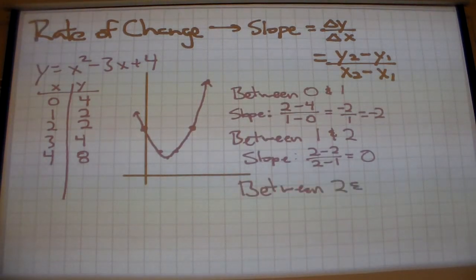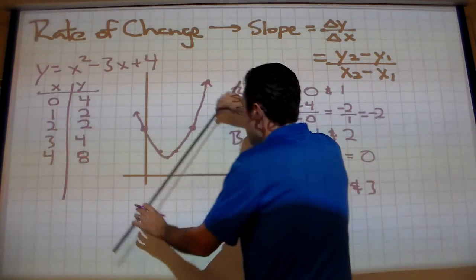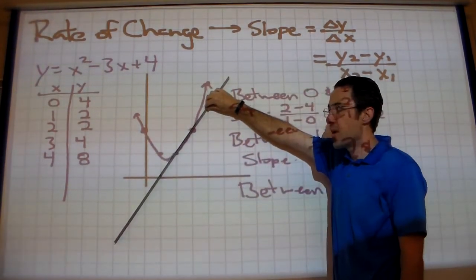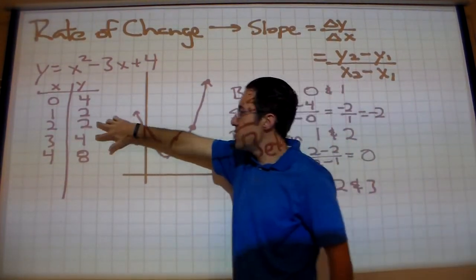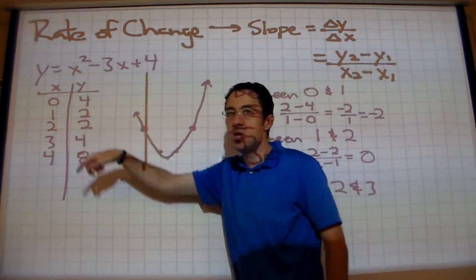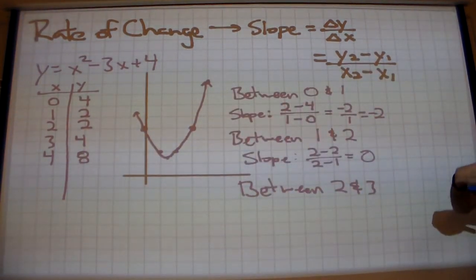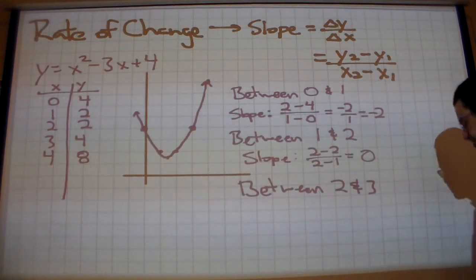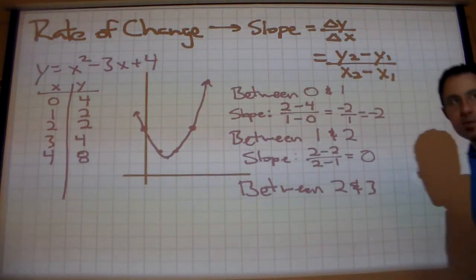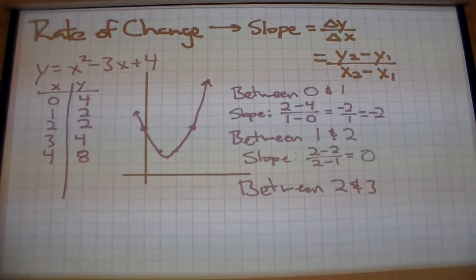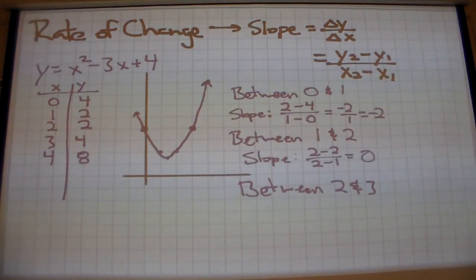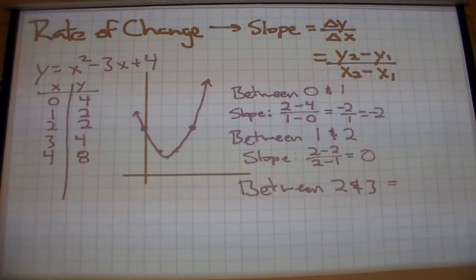Between 2 and 3? 2. It's going up, right? Between 2 and 3, our y value went up 2, so our slope is 2. What about between 3 and 4? Now it's 4, right? It went from 4 to 8.